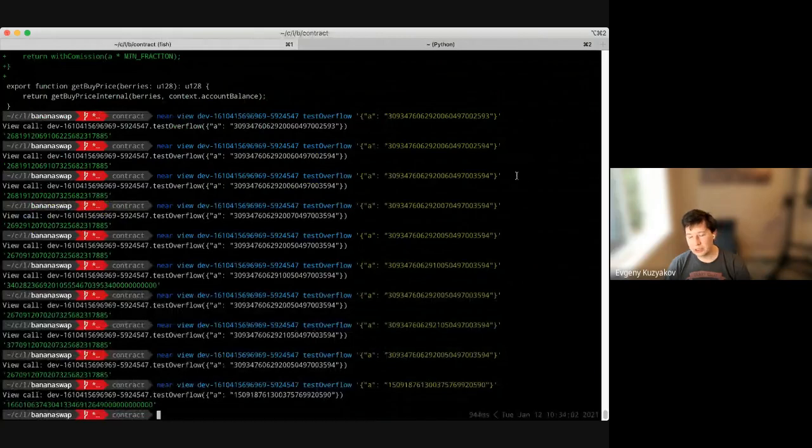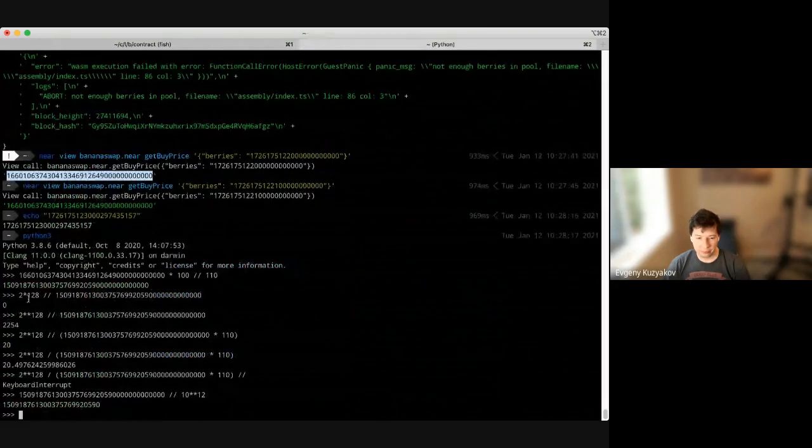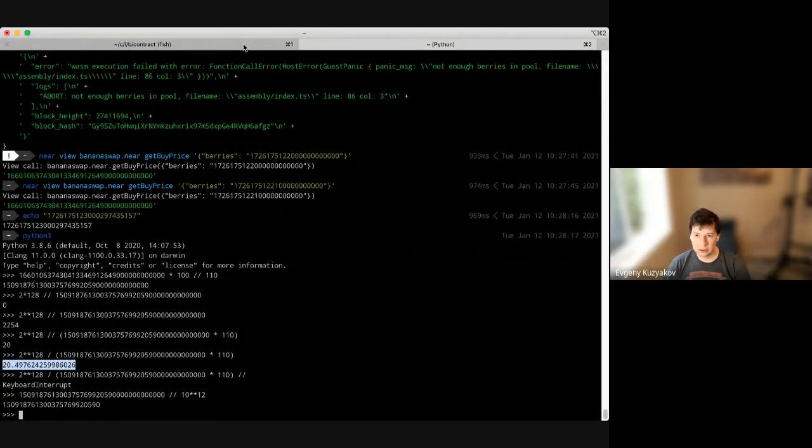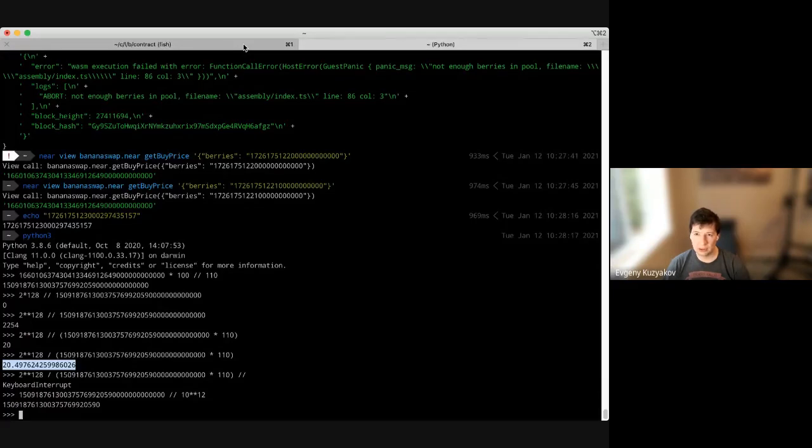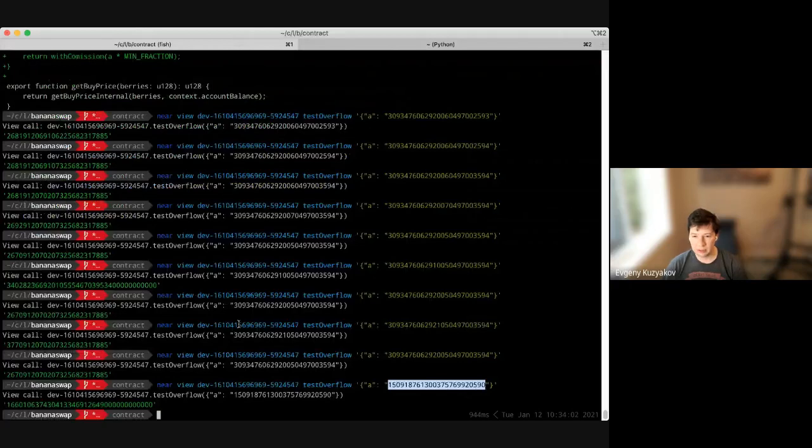So what I need is by how much I need to multiply this number, which is around this number, such that my product will grow and then it will trigger an overflow.